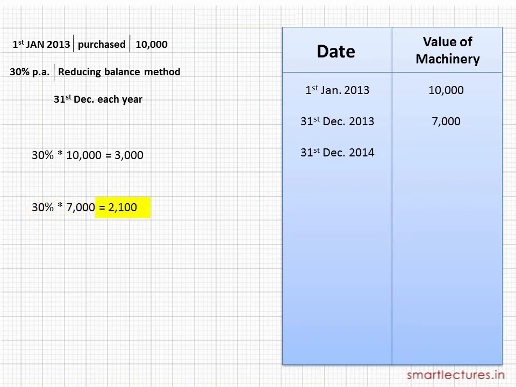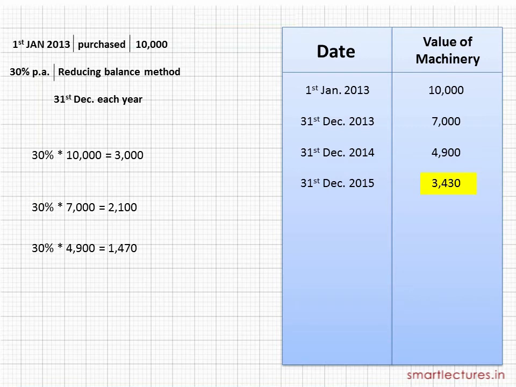So less depreciation 2,100 and the net value will be 4,900. Then comes the next year, that is 31st December 2015. So you have to provide 30% of 4,900. That will be equal to 1,470. So the net value will be 3,430.